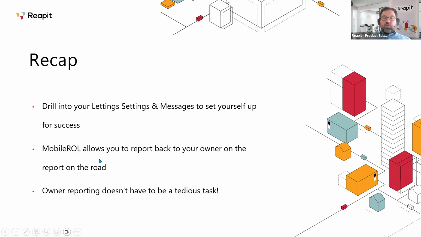I want you to look at what you can report out to your owners from your home opens, because I really feel that if done right, it can save you on time and provide a better service overall. And don't forget to do your owner reporting at the end of the week. It is quick and easy, and if you've done everything at the home open already, you really only need to put a comment in there.